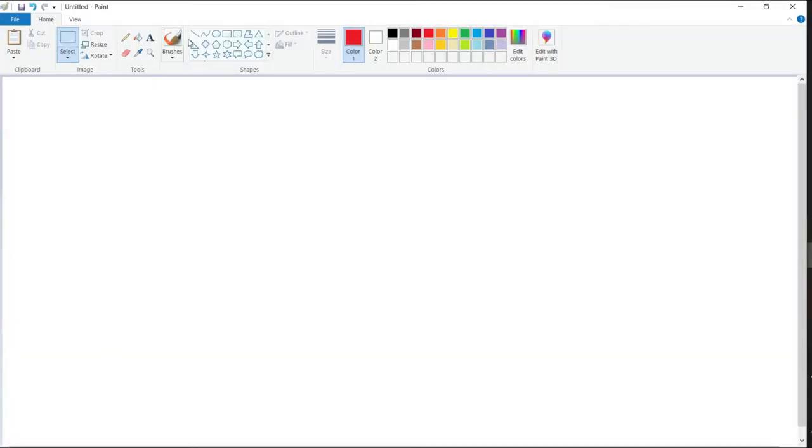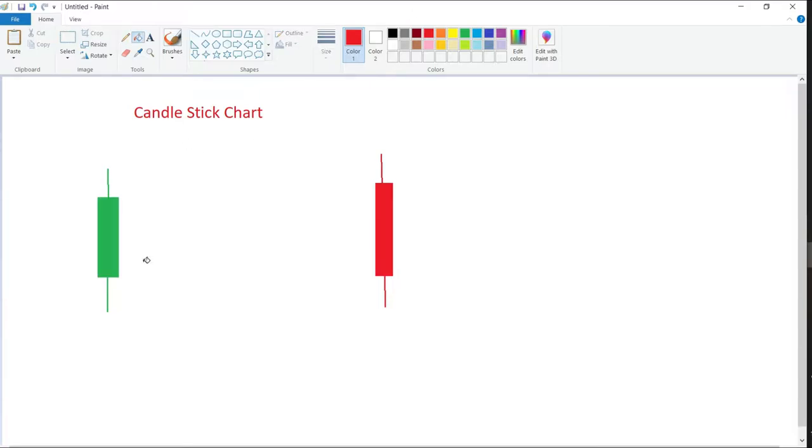Consider a candlestick chart. You mainly have two types of candles there. One is a green candle with a small peak over here, and one is a red candle. As you know, this is an opening price where the market has opened at a particular price.